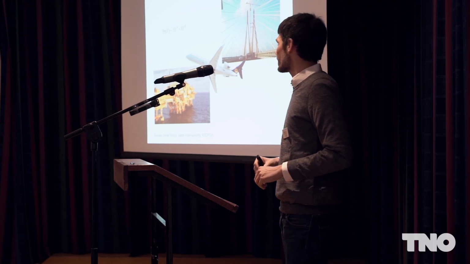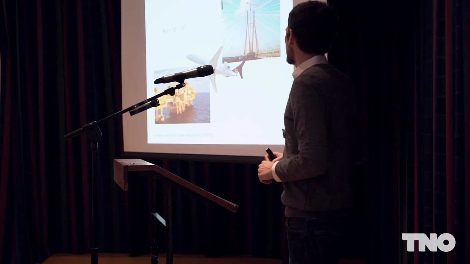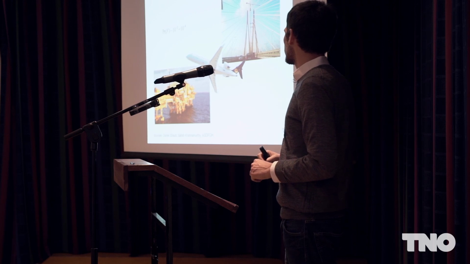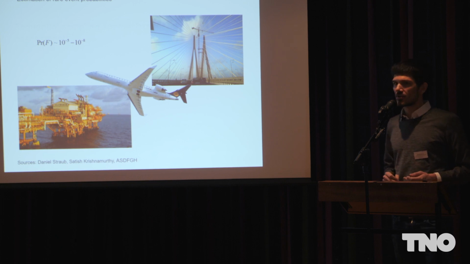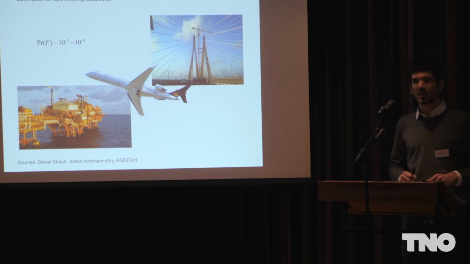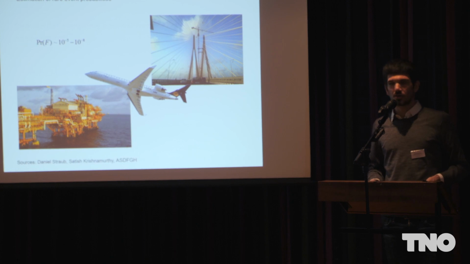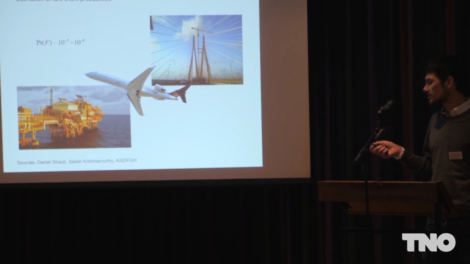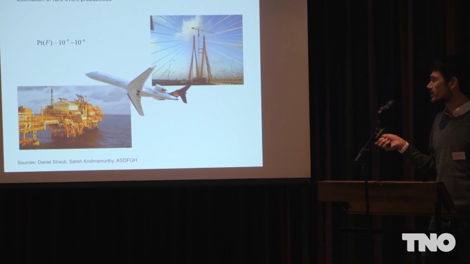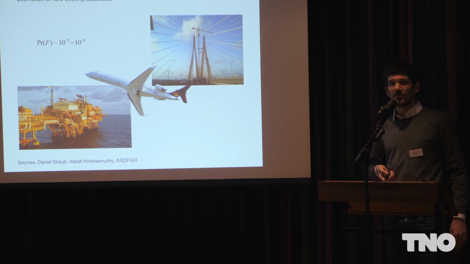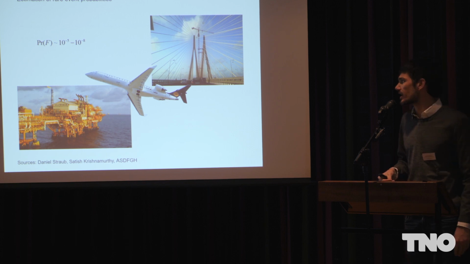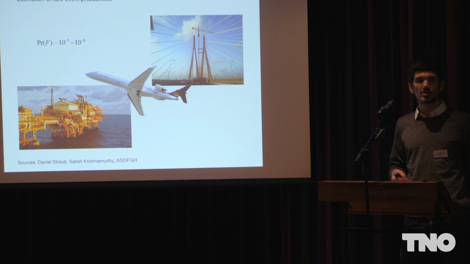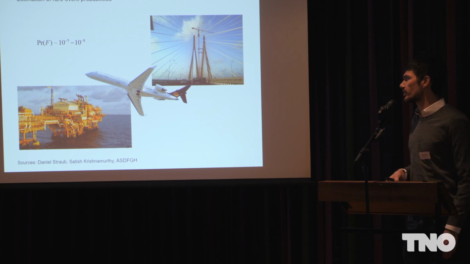We are civil engineers or mechanical engineers, and we are usually dealing with systems whose failure is associated with high consequences. Because the failure of these systems, examples of which I have on the slide, can have high consequences, they should be associated with small probabilities of occurrence.